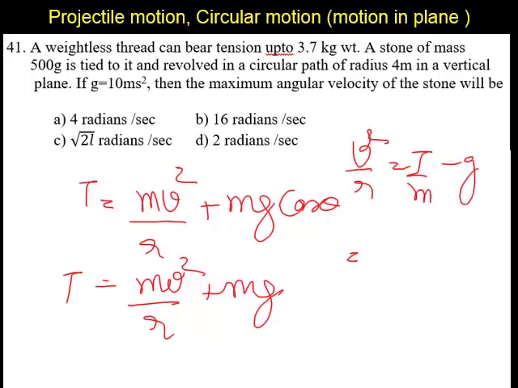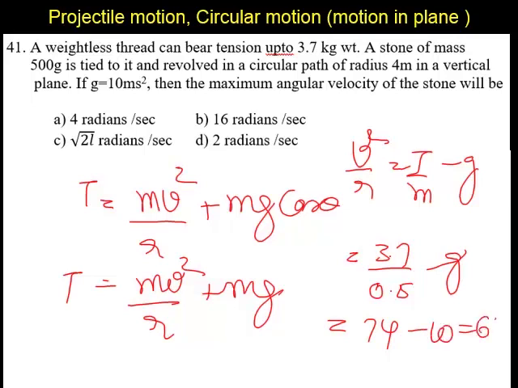T is given as 3.7 by mass, which is given as 500 grams or 0.5 kg, minus g. So 3.7 by 0.5 is going to be 74 minus 10, so 64 is the v square by r value.